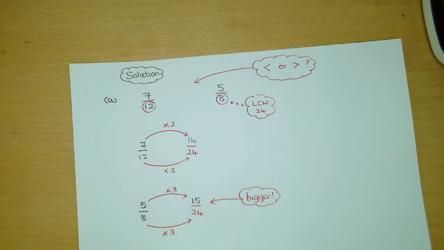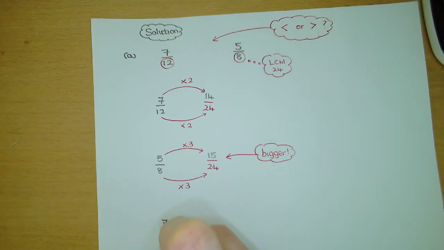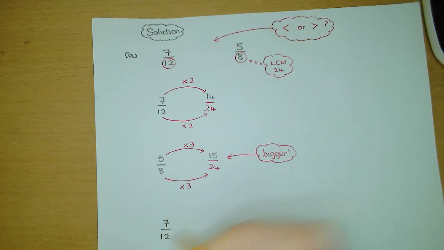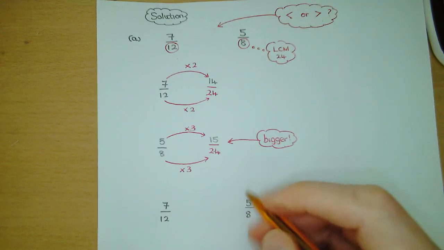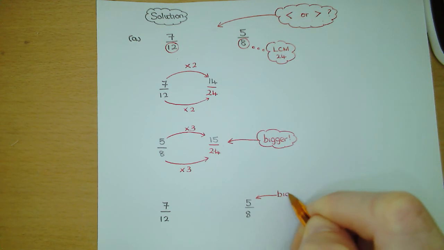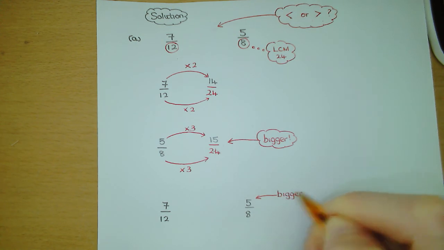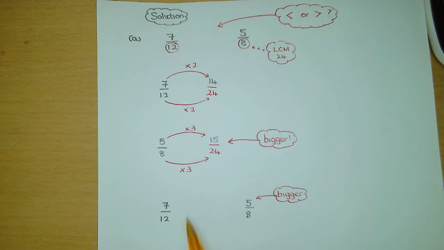So what we're going to do is copy the original two fractions down again. So we've got 7/12, we've got 5/8. We've just worked out that 5/8 is bigger. So the sign that we put between them has to point at the smaller fraction.